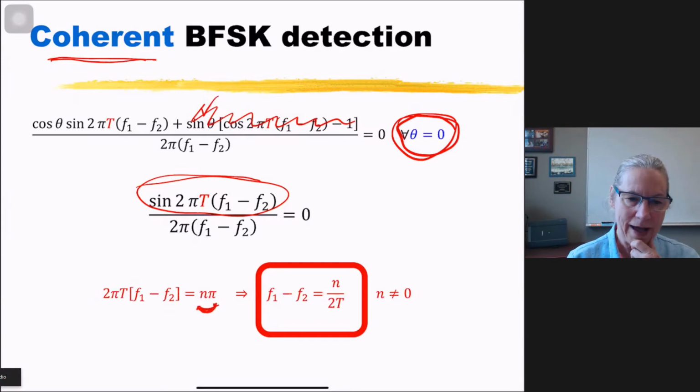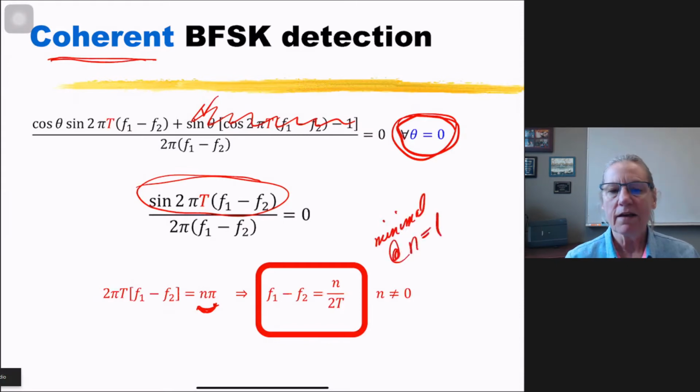Not a multiple of 2 pi, but just pi. And so now the separation that I'm requiring is n divided by 2t. And now the minimal separation, again, is at n equal 1, and I'll get a new requirement for the separation. And indeed, I'll have a factor of 2. It'll be tighter spaced because I used coherent detection.